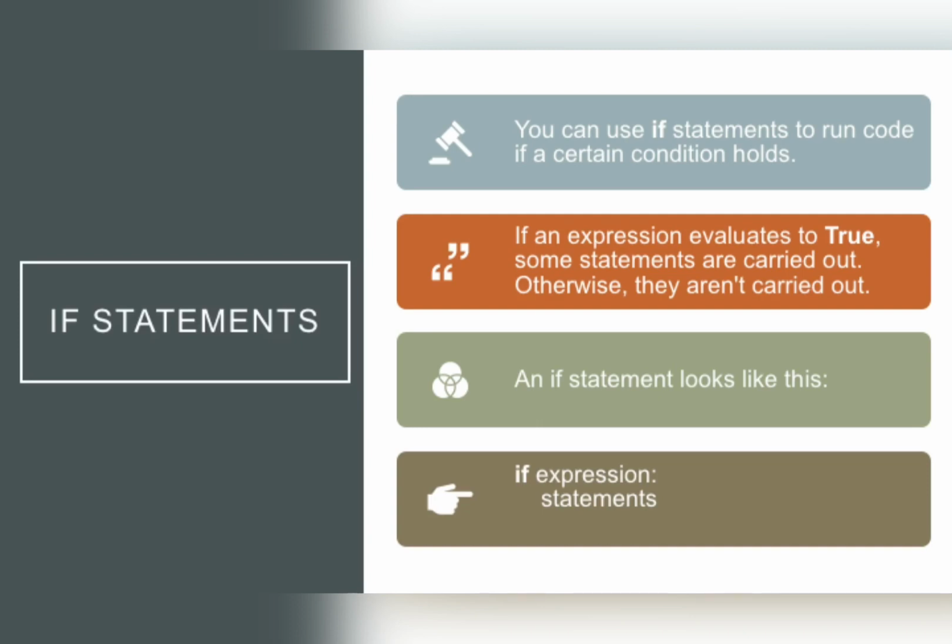If expression, statements. Python uses indentation, white space at the beginning of a line, to delimit blocks of code. Python indentation is mandatory. Programs won't work without it. As you can see, the statements in the if should be indented.